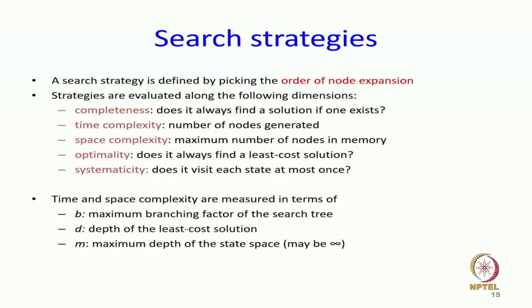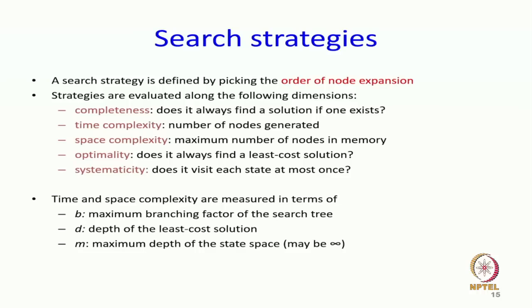The root is at depth 0, all the next states are at depth 1, the next nodes are at depth 2, and so on, and we will say that my maximum depth is M. However, M could be potentially infinite. Suppose I am not doing any duplicate detection in an n puzzle, is it infinite? Because I could do gap up, gap down, gap up, gap down, and I can keep doing this, and it will never end. So, I can technically have infinite depth in my search tree.